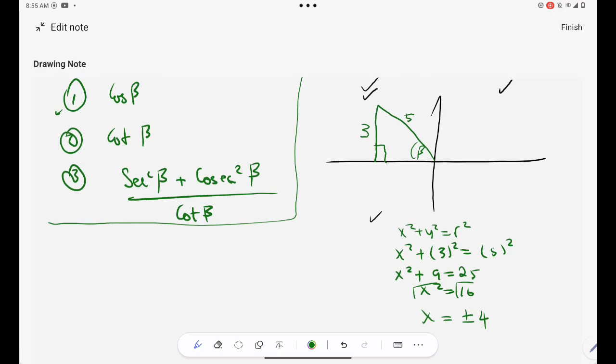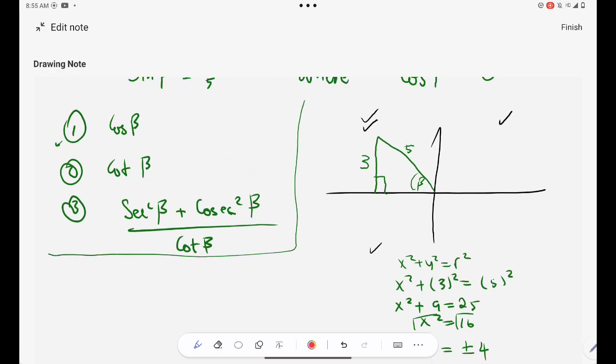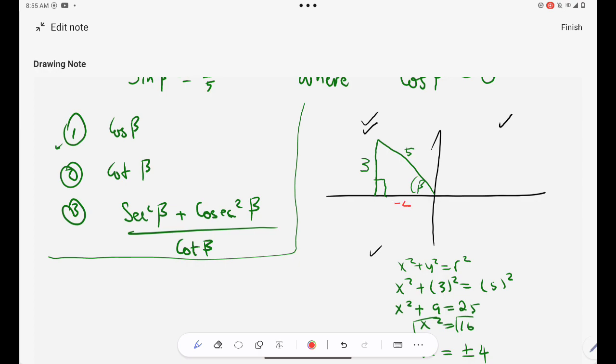Since my right angle triangle is on the left hand side of the x-axis, this simply means that x is equal to a negative number. That means this is minus 4 here. Now I have the value of x, y, and r. I can answer each and every question that is at hand.